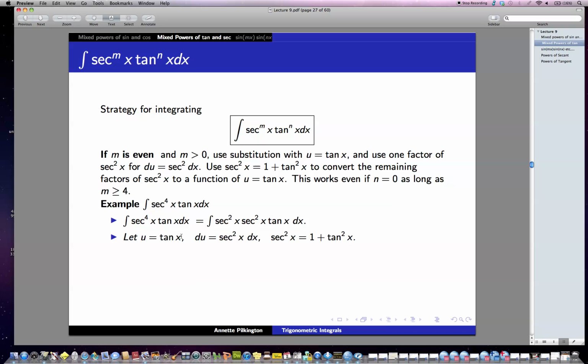So letting u equals tangent of x, we have du equals secant squared of x dx, and then the other secant squared is 1 plus tangent squared, which is 1 plus u squared.